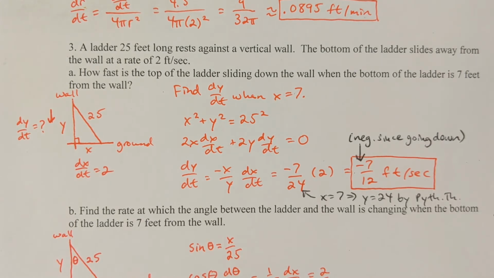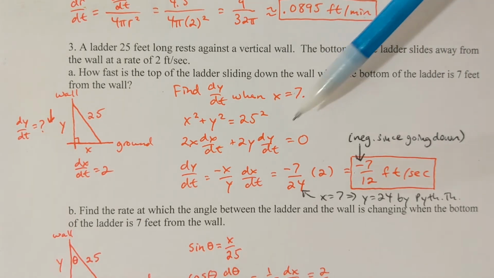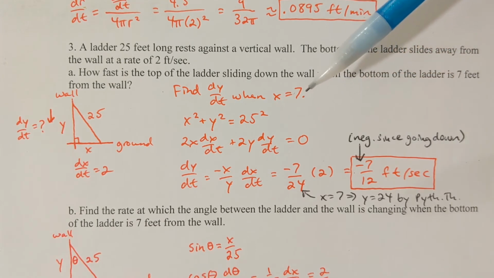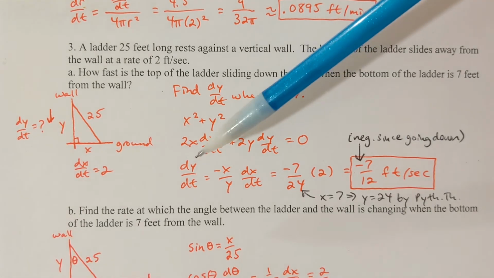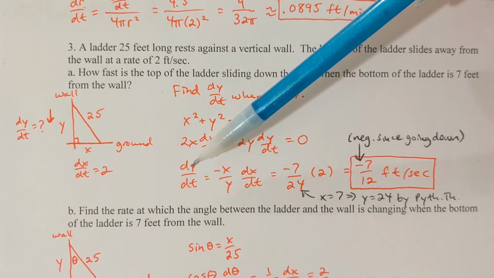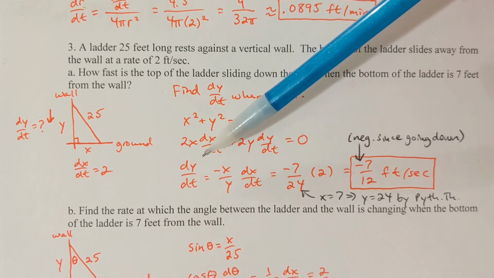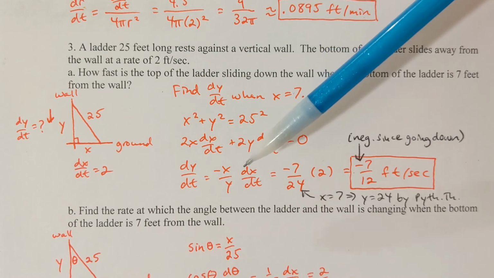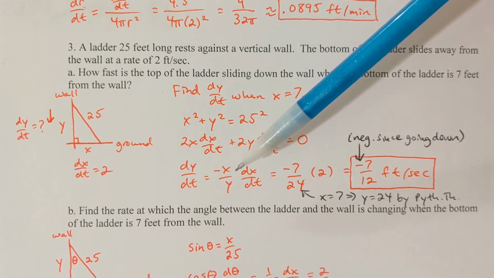Now, another thing is that going back to the notation, I mentioned that we're going to be using Leibniz notation for every single one of these problems. I wouldn't want to say y prime, because y could be mistaken as a function of x.